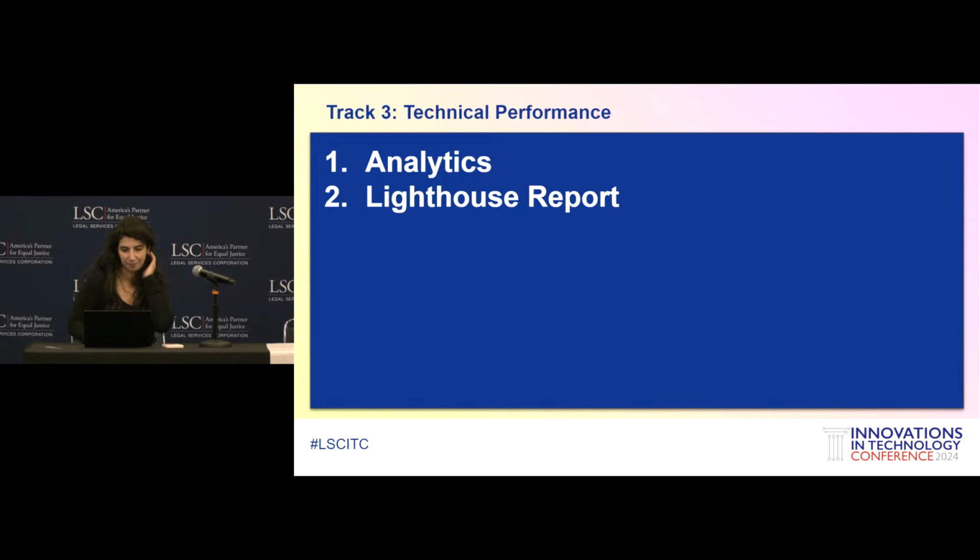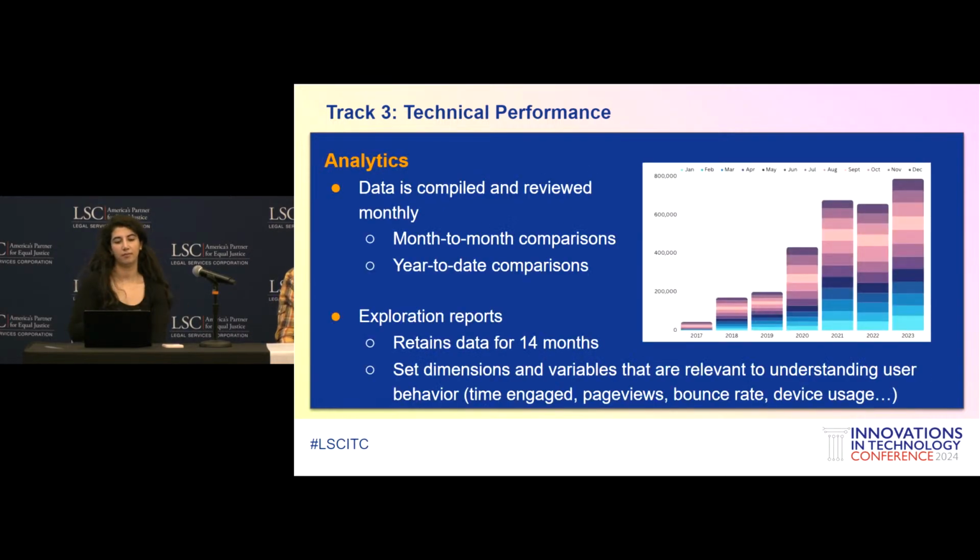So at the foundation, we analyze analytics monthly using Google GA4. I know there have been some analytics sessions, so if this is redundant, I'm sorry. But we compare our data month to month and year to year, just so we can report out to our stakeholders how successful we are or what changes need to be made to the websites.